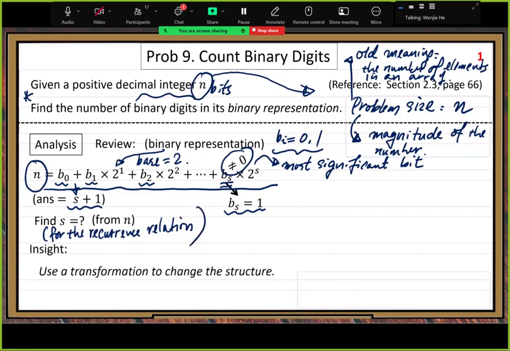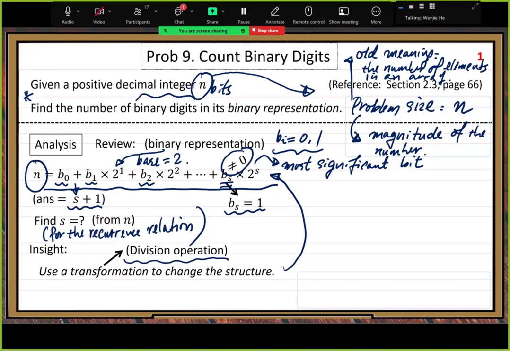All right, so here we need to do some transformation on this formula. So you need to do some special operation on this formula. So how special? We do the division operation.